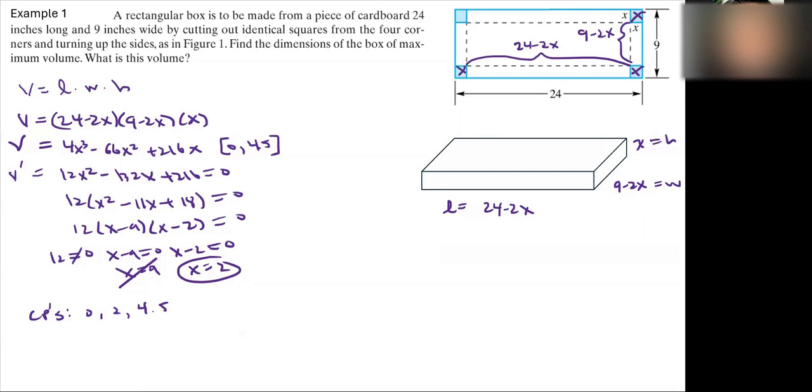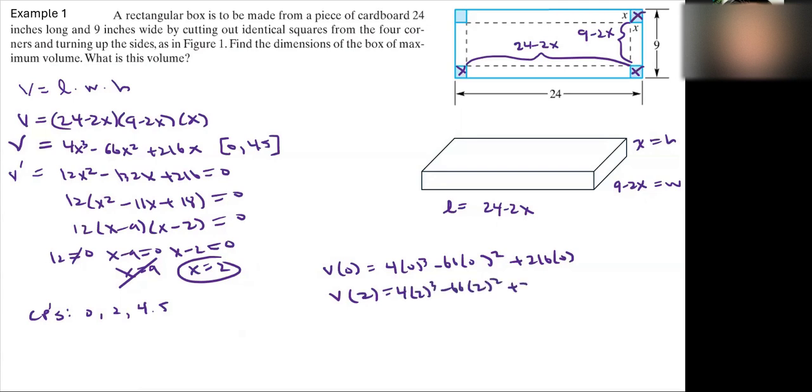So we'll have V of 0 equal to 4 times 0 cubed minus 66 times 0 squared plus 216 times 0. For V of 2, that's 4 times 2 cubed minus 66 times 2 squared plus 216 times 2.